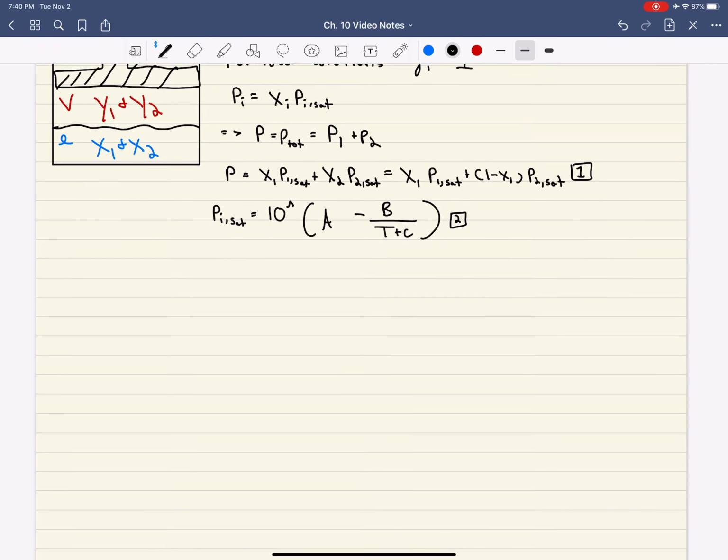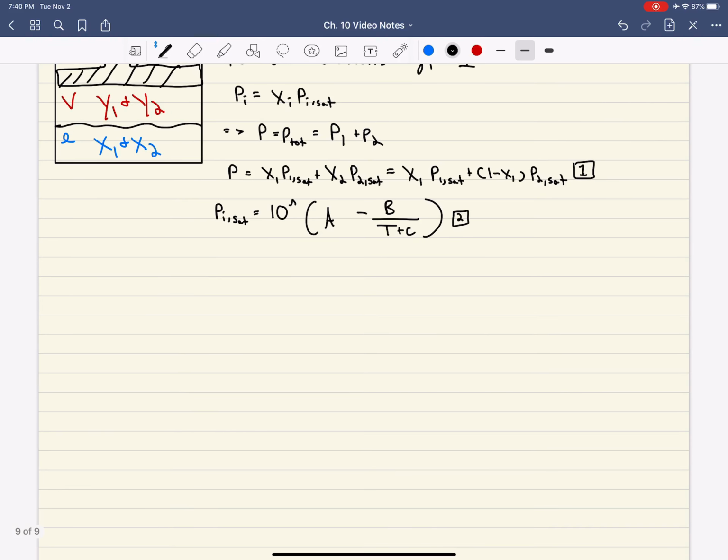Now, as far as the composition in the vapor phase, we know that the mole fraction of species i in the vapor phase, y_i, is just equal to the partial pressure of species i divided by that total pressure. And from Raoult's law, we know that P_i is just equal to x_i P_i sat.